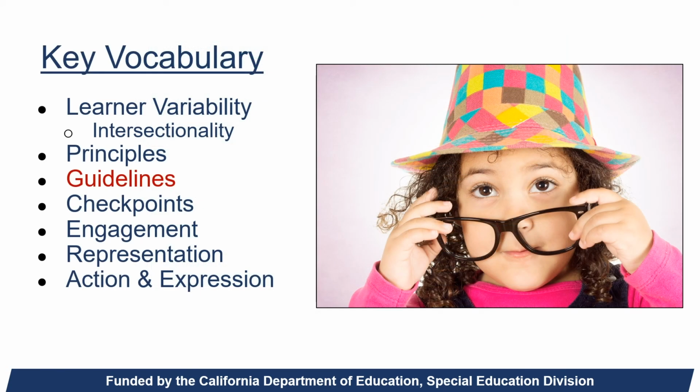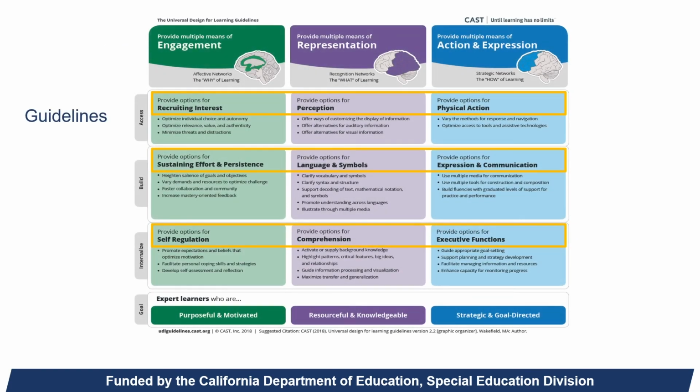The 3 principles were designed with guidelines for educators to use. There are 9 guidelines that are intended to light up different areas of the brain. The 9 guidelines are recruiting interest, sustaining effort and persistence, self-regulation, perception, language and symbols, comprehension, physical action, expression and communication, and executive functioning.